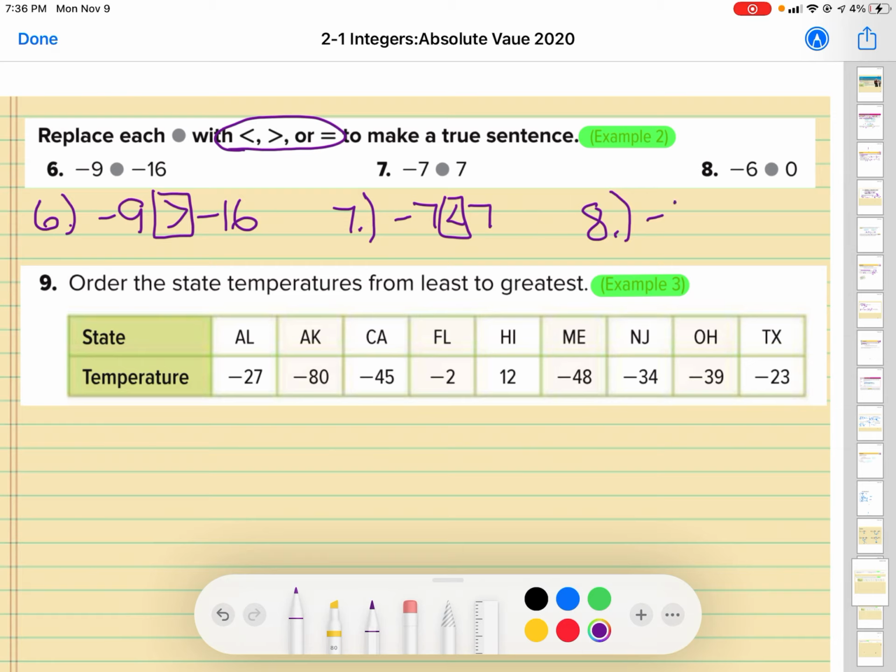I'm having a hard time even writing. -6 and 0. Okay. Yep, 0 is neither positive or negative, but -6 is to the left of 0 on the number line, isn't it? So -6 is less than 0.